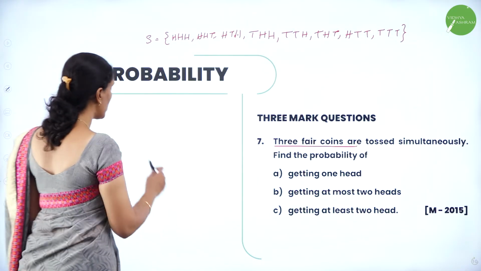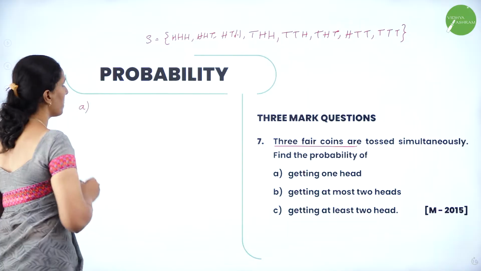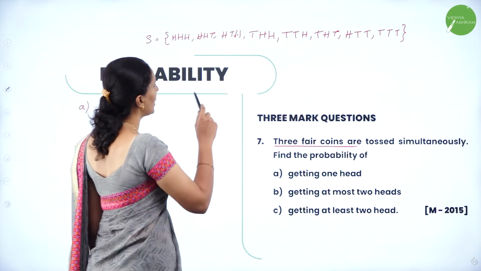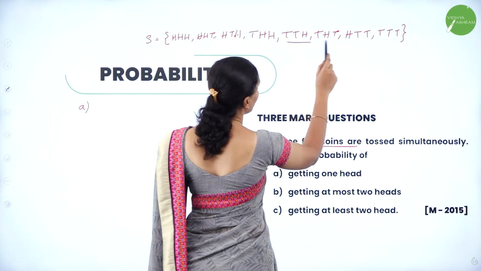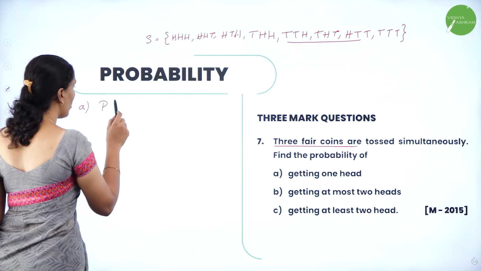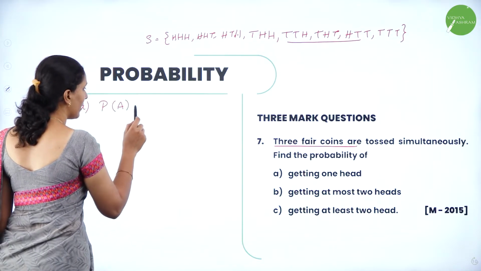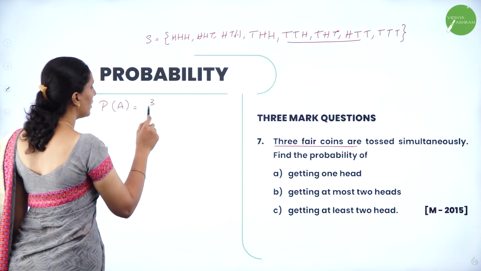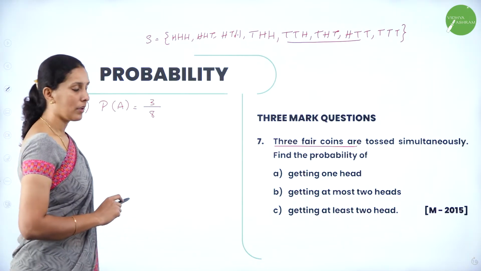So, my first question is getting one head. So, how many elements have one head here? So, you can clearly see you have 3 events which contain one head. So, let me choose the probability of an event A, that is getting one head. So, that is 3 divided by 8.